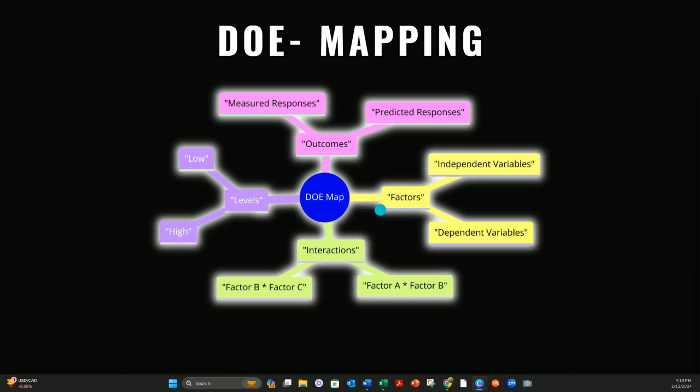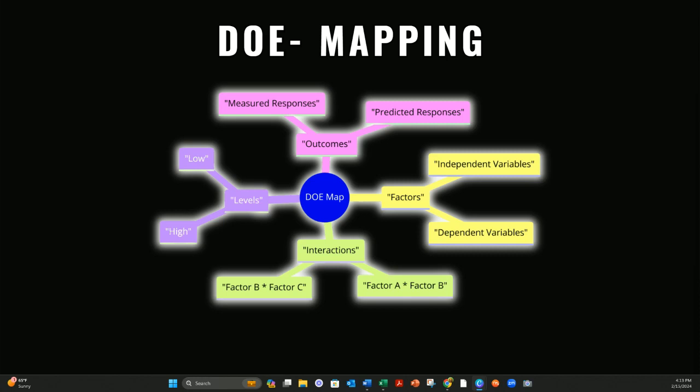Some factors that we consider are independent variables and dependent variables. Early on in the lecture, we talked about regression analysis, and you can figure out what the dependencies of the variables are. We talked about a single regression, and we have a multiple regression. Now, here's the thing. You can take those and bring them into your DOE because you've already done that during the data collection phase.